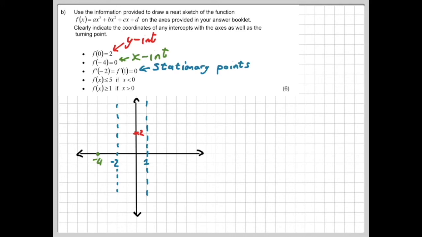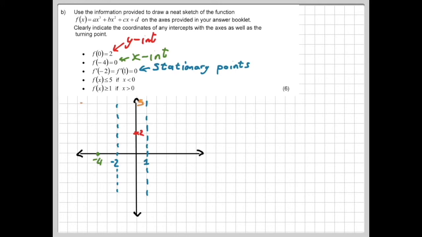But now I need to look at those last 2 bullet points. First of all, it tells me f(x) is smaller or equal to 5. That gives me that the y values are smaller or equal to 5 where x is smaller than naught.